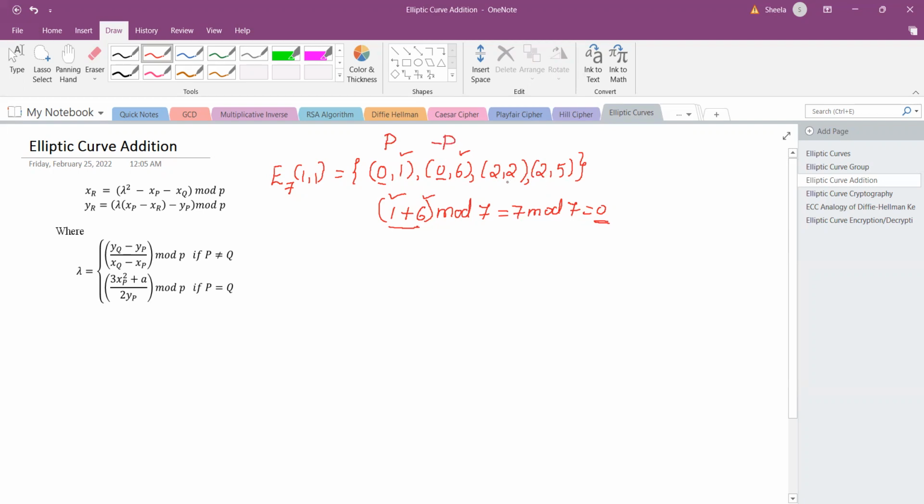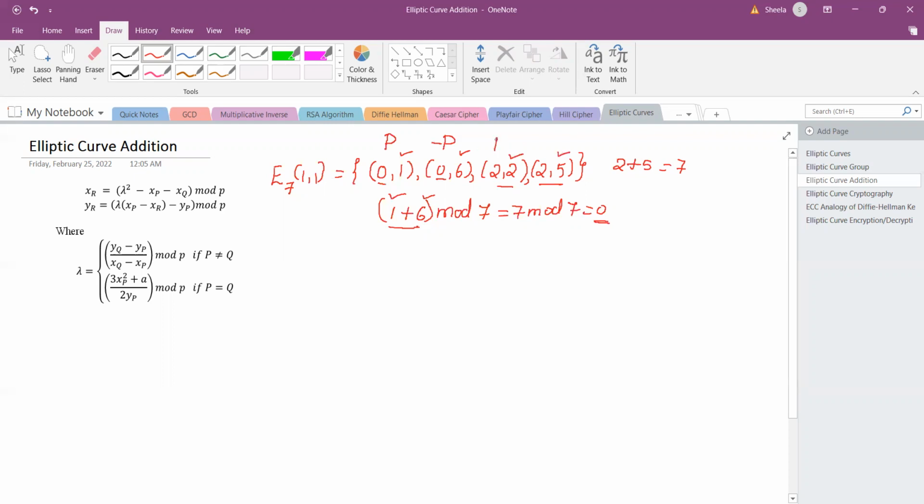And similarly, when I consider these 2 points, 2, 2 and 2, 5, here we can see that the x coordinate is the same, and the y coordinate is 2 and 5. So if I add 2 plus 5, again it is 7, and 7 mod 7 is 0. So this indicates that 2 is the inverse of 5 and 5 is the inverse of 2.